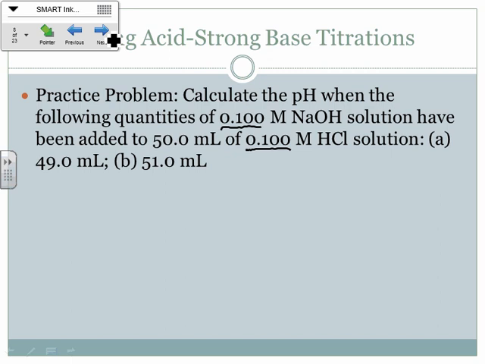Because remember, the equivalence point is when you have equal number of moles of the base and the acid, right? Okay, and if you want to really calculate this through, you could figure out how many moles of the sodium hydroxide you have versus how many moles of the HCl you have, right? So if I want to figure out my moles of sodium hydroxide, I just multiply the molarity times the volume, and the volume has to be in liters, okay?